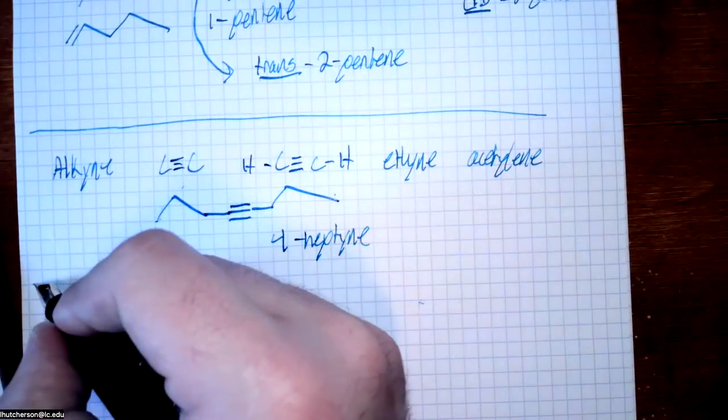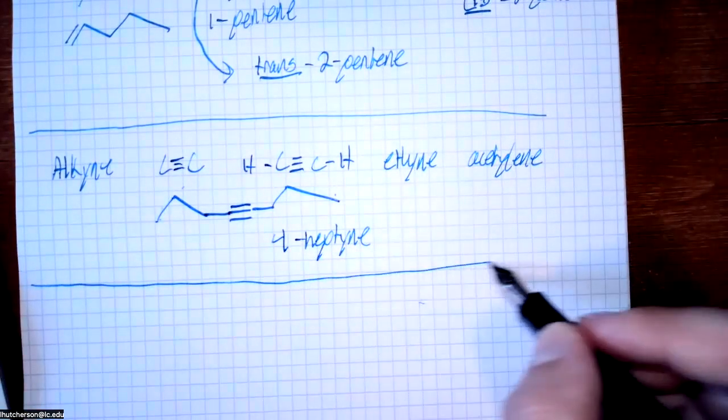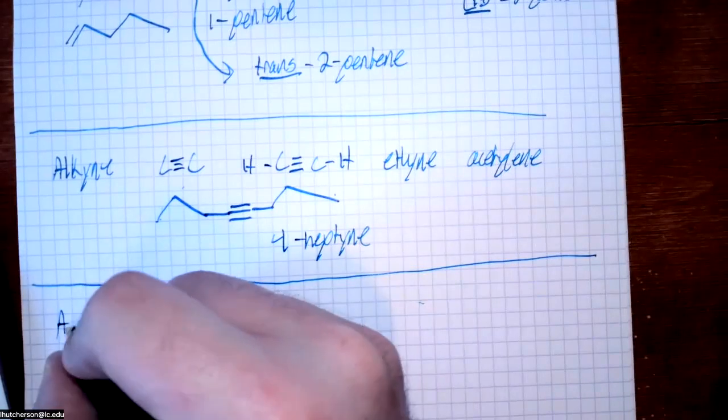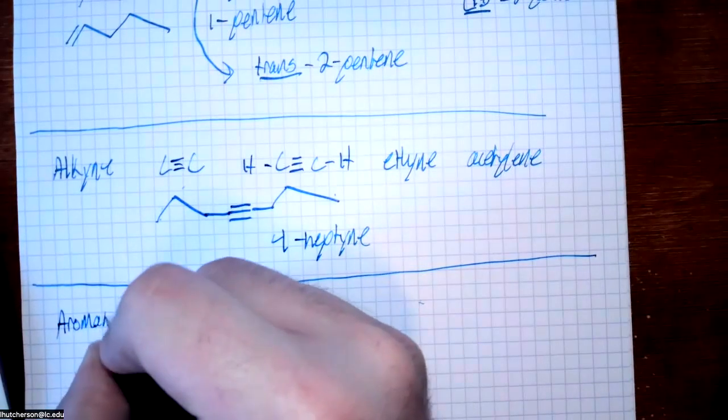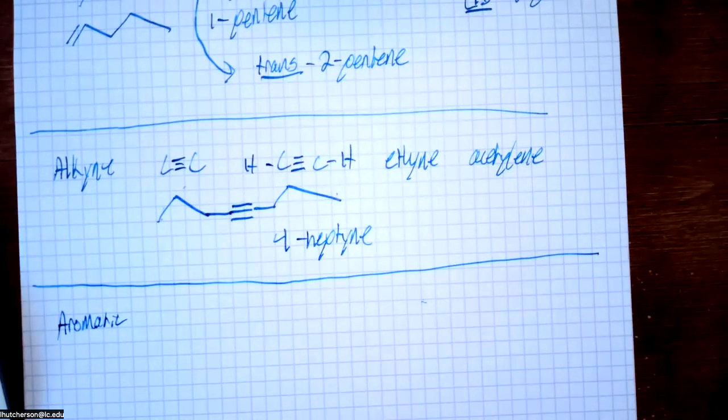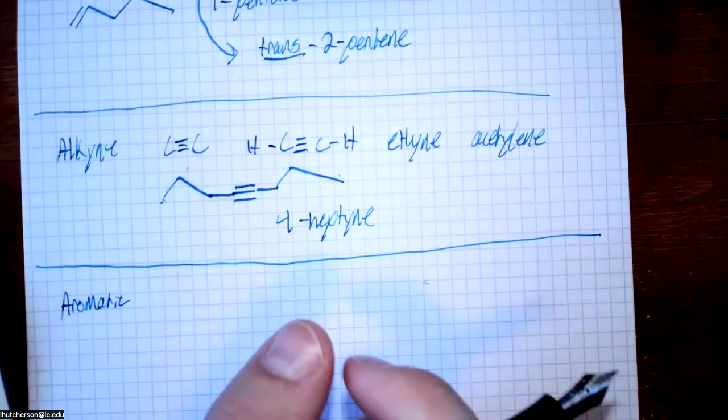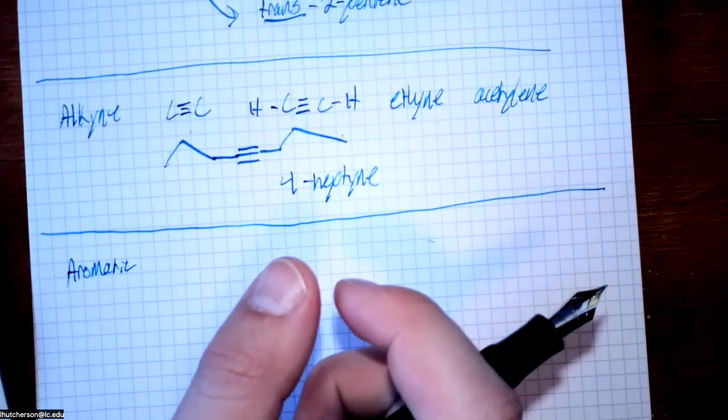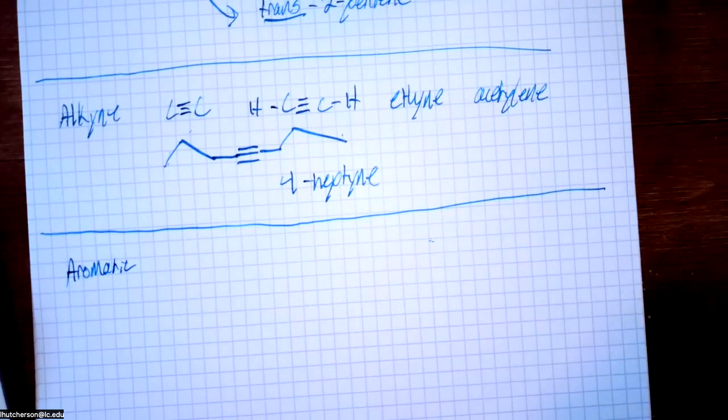Now, our last functional group that we are going to talk about is the aromatic. If you were taking a formal organic chemistry course, this would be an entire chapter in and of itself.